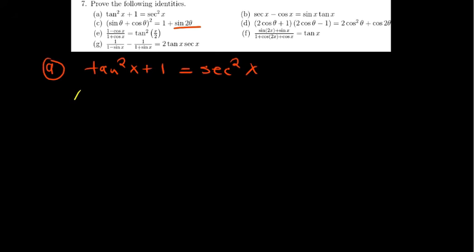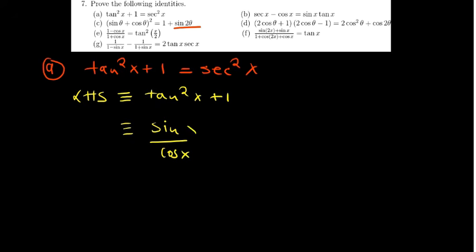So our left hand side is identically equal to tan squared of x plus a 1. Tan is equal to sine over cosine, so if it is to be squared, these other things will be squared too. So sine squared over cosine squared, plus a 1.